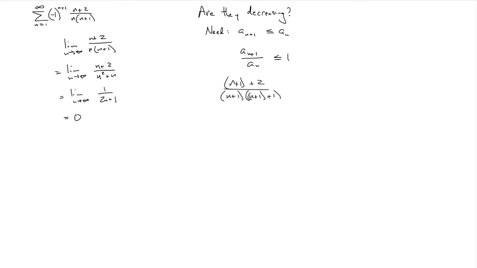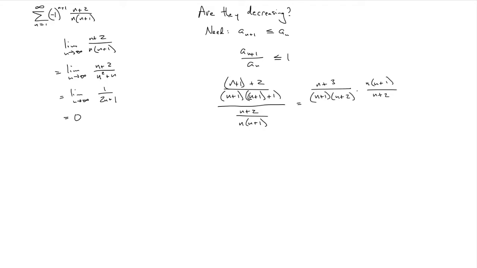In other words, a sub n plus 1 is n plus 1 plus 2 divided by n plus 1 times n plus 1 plus 1. And this is divided by a sub n, which is just n plus 2 over n times n plus 1. Lots of simplifying to do here. What have I done?